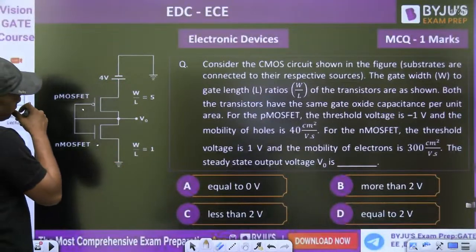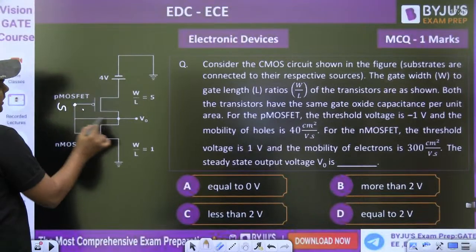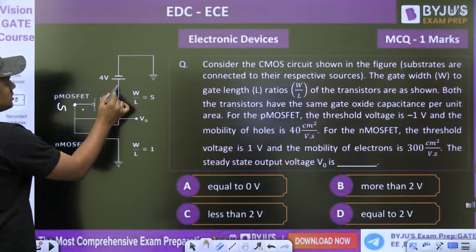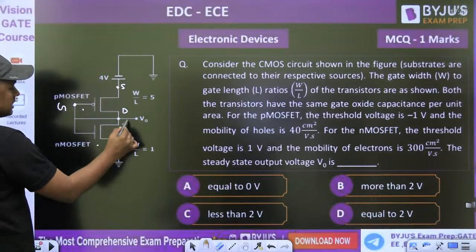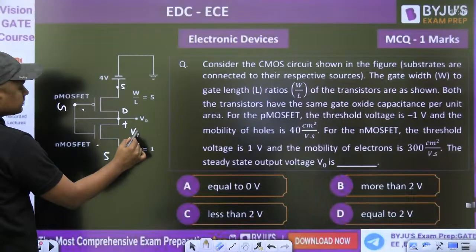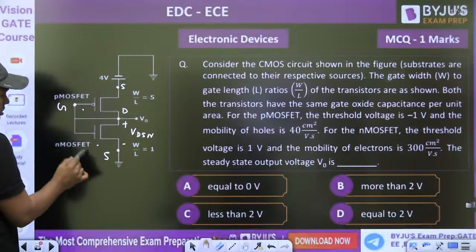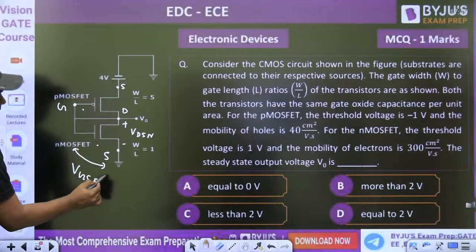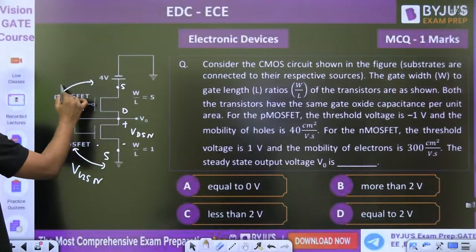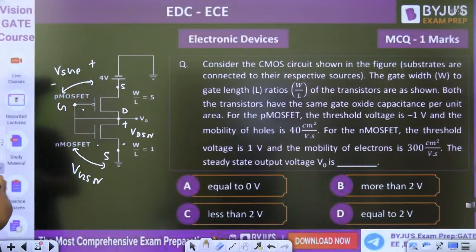Then, watch this, guys. Here it is the gate. Here it is drain. This is the source of PMOSFET. This is the source of NMOSFET. This is called VDS, VDSN for NMOSFET. This is called VGSN for NMOSFET. And this is called VSGP, plus minus, VSGP for PMOSFET.